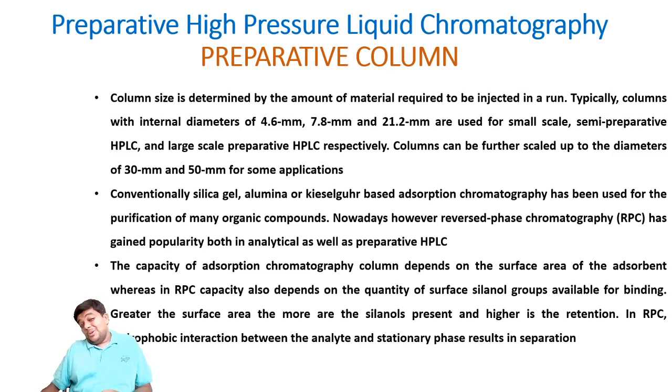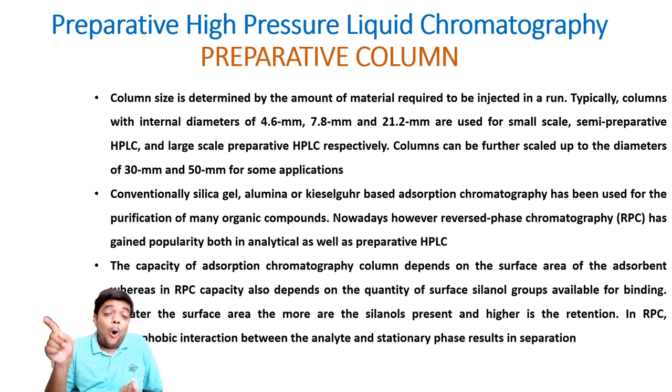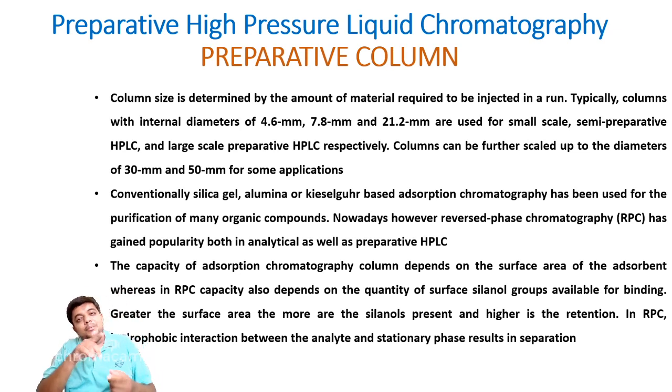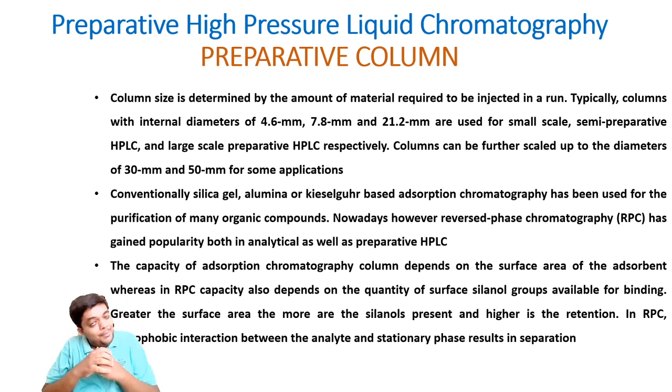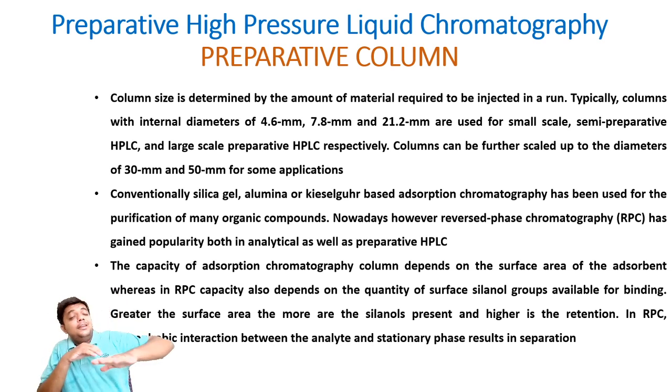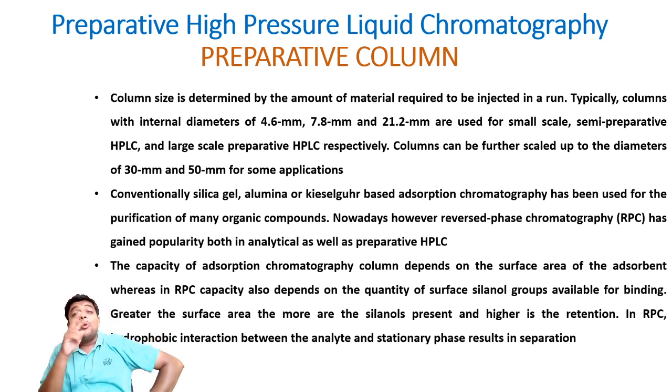Now comes the question, what is this silanol group? Very easy, from its name itself you can learn. Silicon, that is Si, and ol, that is alcohol. Si(OH)4. So it will be SiOH, SiOH, SiOH, SiOH. This will end up as silanol. So friends, the more the number of OH groups, the more hydrogen bonding, the more binding. The more the surface area, the more the attraction, the more the binding.